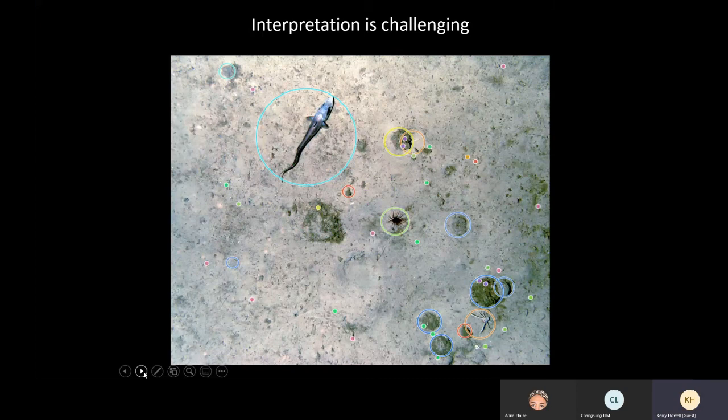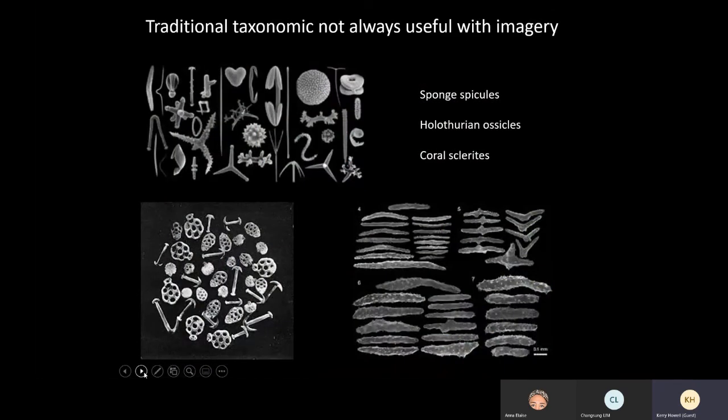But interpretation of these new data sets is extremely challenging. They really are quite vast, and identifying the animals from those images is difficult, particularly because taxonomic keys are not always useful with imagery. Traditional taxonomic keys have been developed to be used with museum preserved specimens. They're constructed from those preserved specimens and they're designed for use in that way.